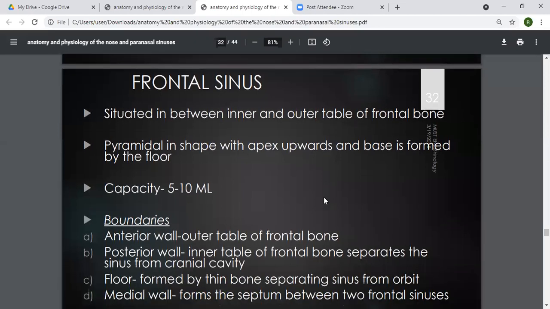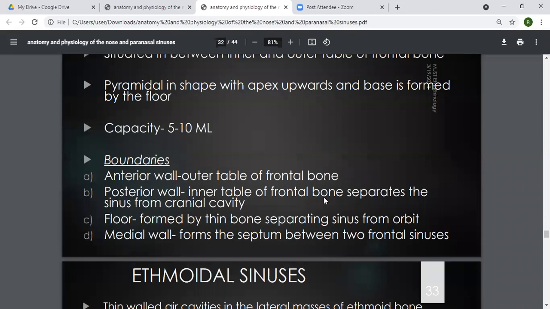So it also has boundaries, where you have the anterior wall being made by the outer table of the frontal bone, and its posterior wall is by the inner table of the frontal bone. So this separates the sinus from the cranial cavity. Its floor is by a thin bone that separates the sinus from the orbit, while the medial wall usually is formed by the septum that is dividing the two frontal sinuses.